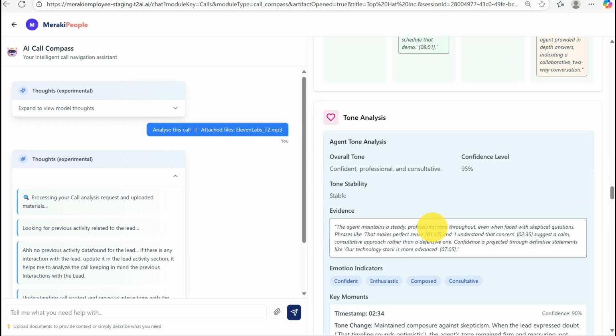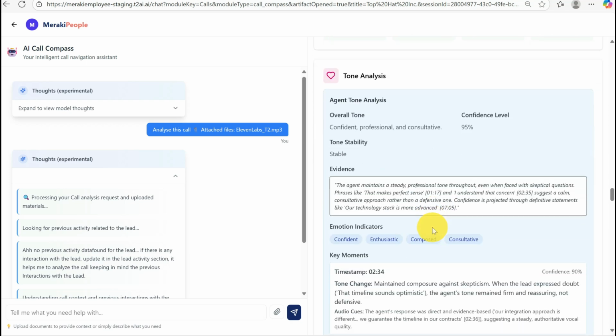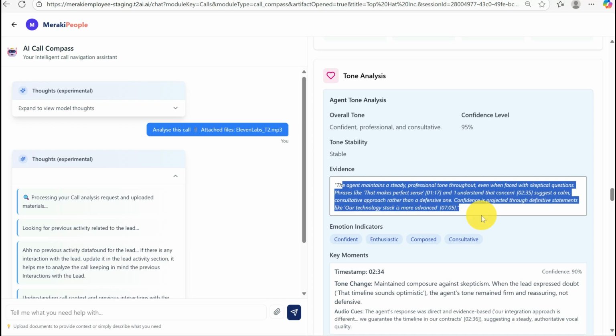Now comes a very significant portion of the analysis, which is what we call the tone analysis. This is very significant because it actually brings out the heart of the call. How was the caller actually involved with the client, right? What was the confidence level? What was the tone stability? And what is the evidence that makes us think so?